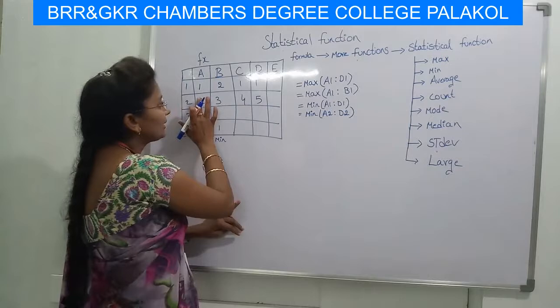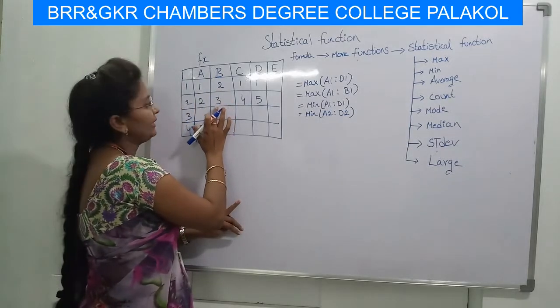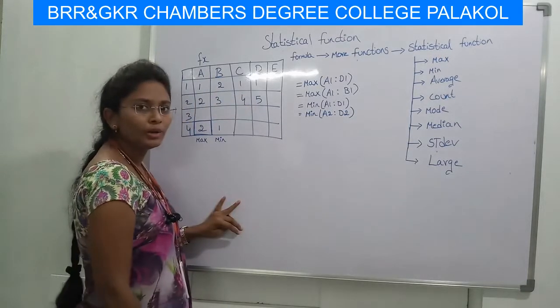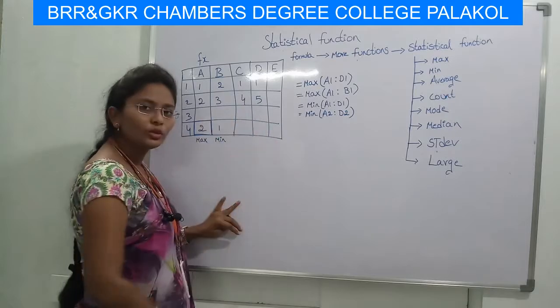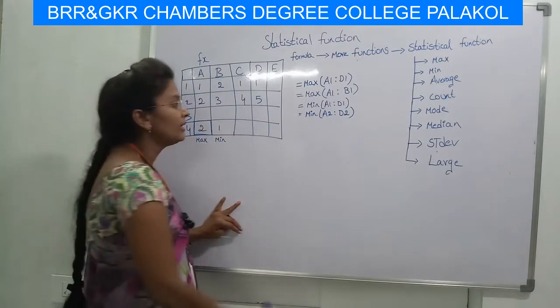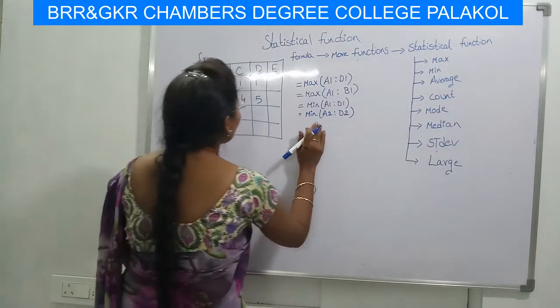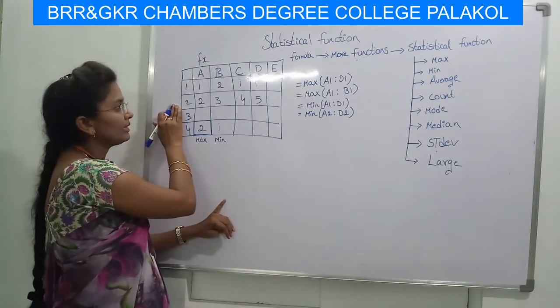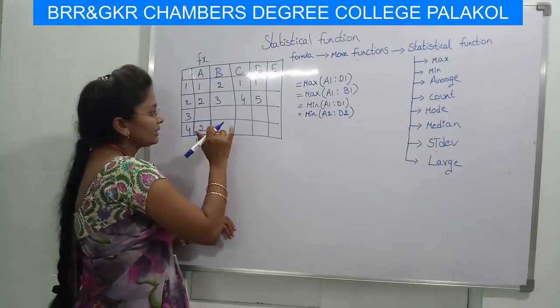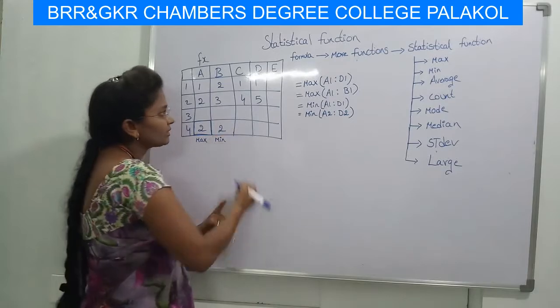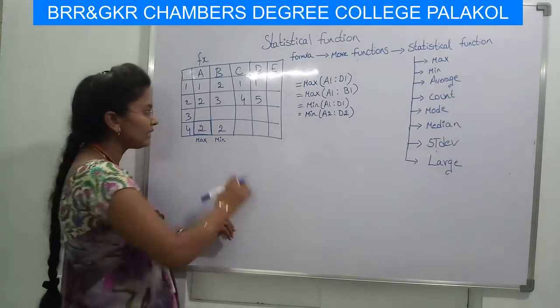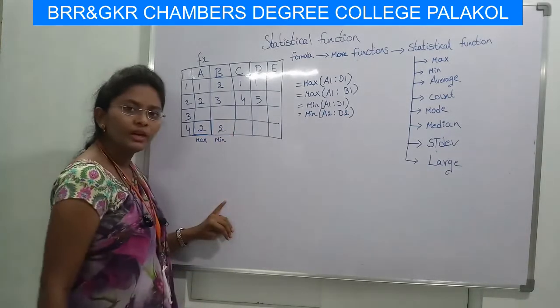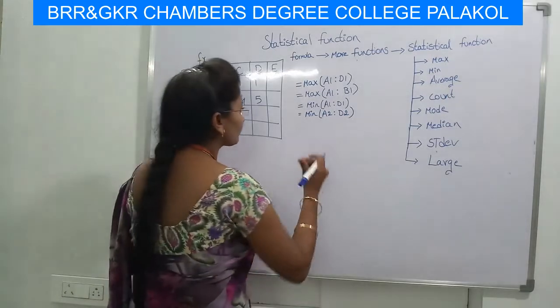It will compare each number with the others, and at last it will compare those four numbers and display the answer. The minimum number of this data is 2. Selecting this data, the answer is 2. The result will be displayed in the B4 cell.